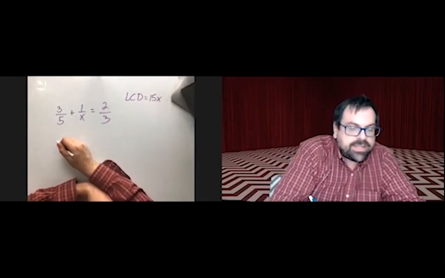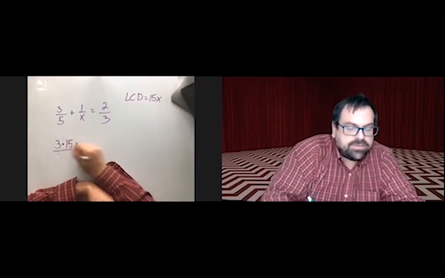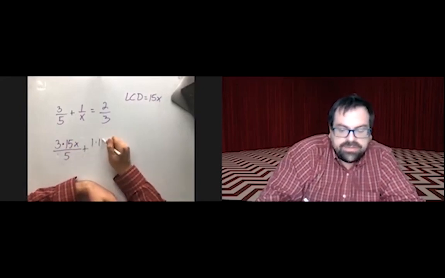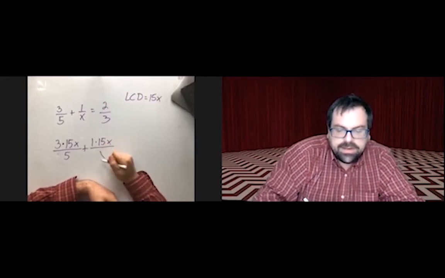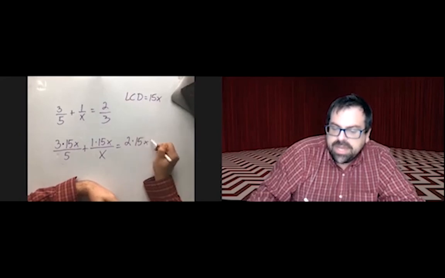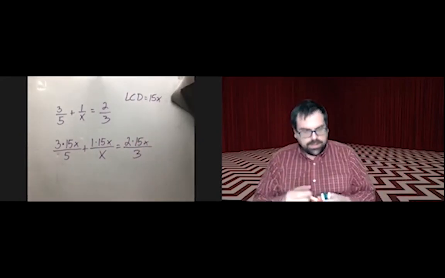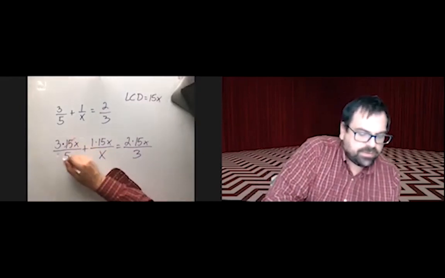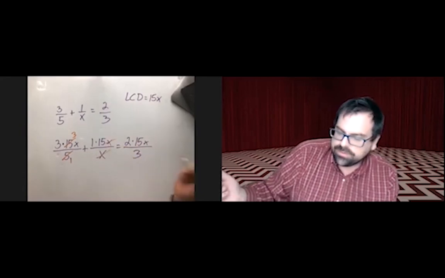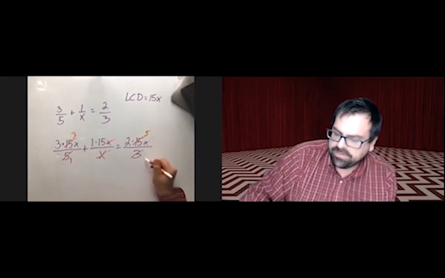Let's shove that in the top everywhere. 3 times 15x over 5 plus 1 times 15x over x equals 2 times 15x over 3. Well, 15 over 5 is 3 over 1, and here the x cancels, and here 15 over 3 is 5 over 1.